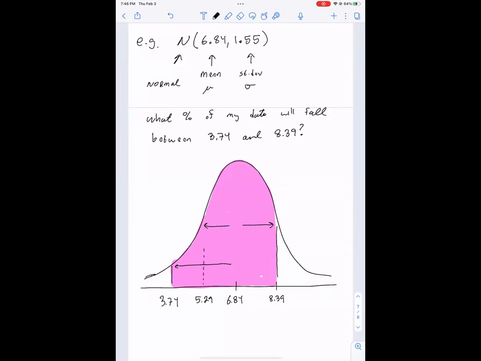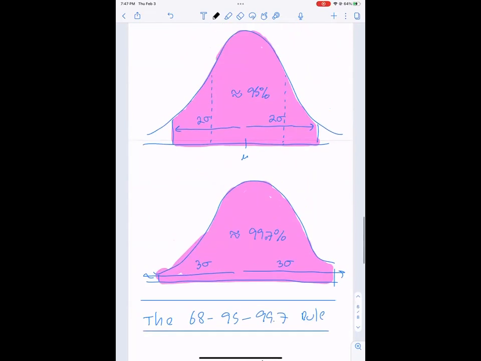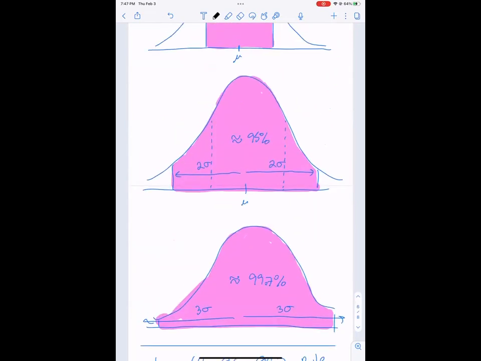Now I know that this is 68% from here to here. I know that part is 68%, but I have to add this little bit here to get the total amount. So how do I find this little extra amount? If you go to the 2 deviation rule, which is 95%, and remove the middle 68%, how much is left?